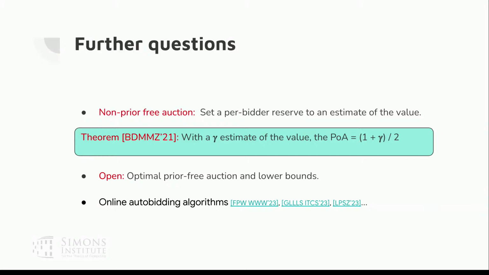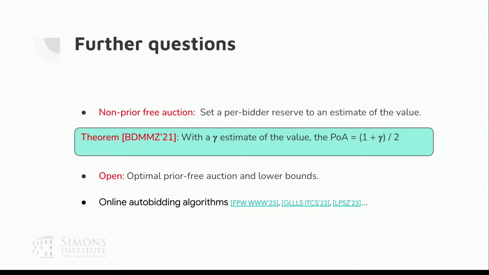This result by my colleagues at Google shows that if you had an estimate of all these values on these edges, basically the values, you could then improve much further over 2. For example, if you had a gamma estimate of the value, then you could set a per bidder reserve based on that estimate.